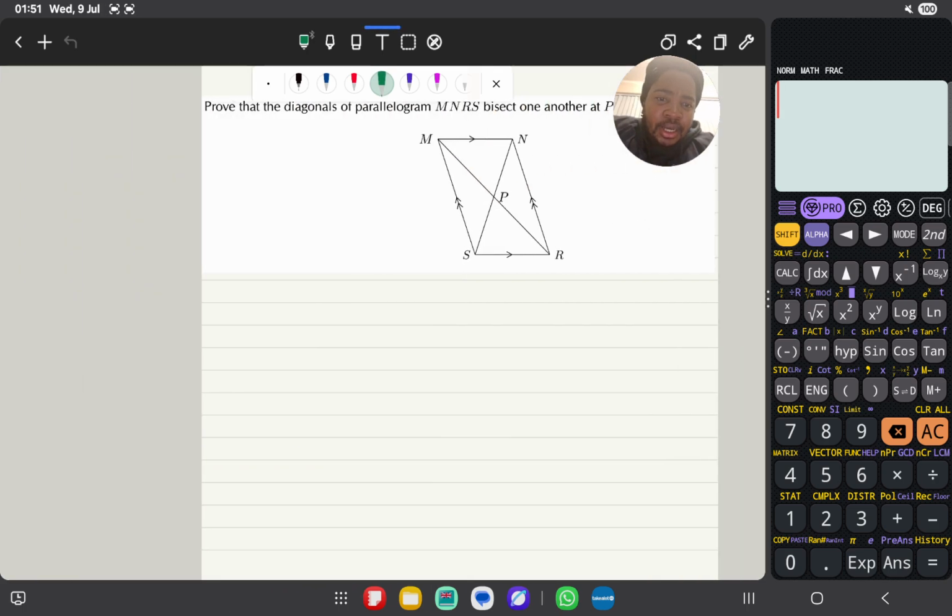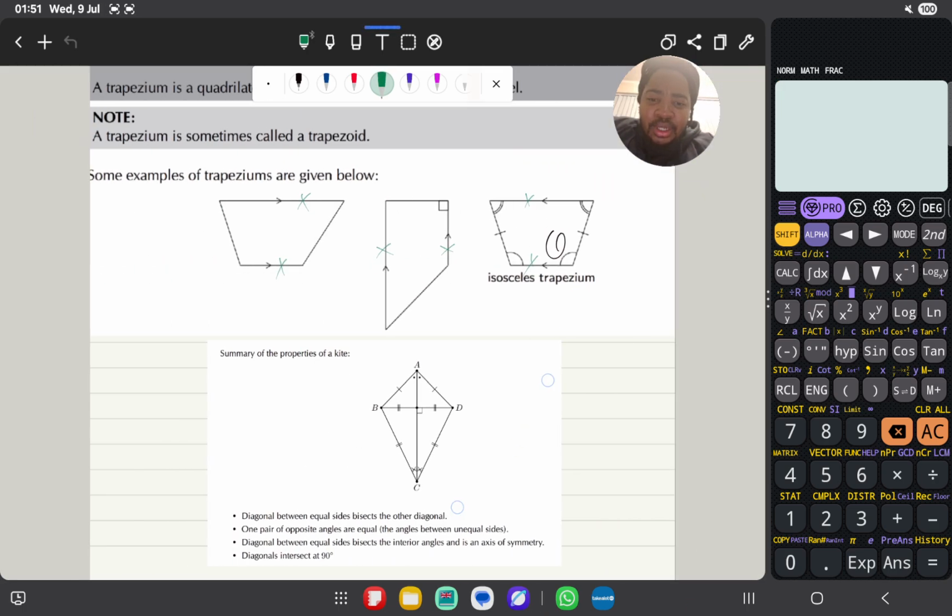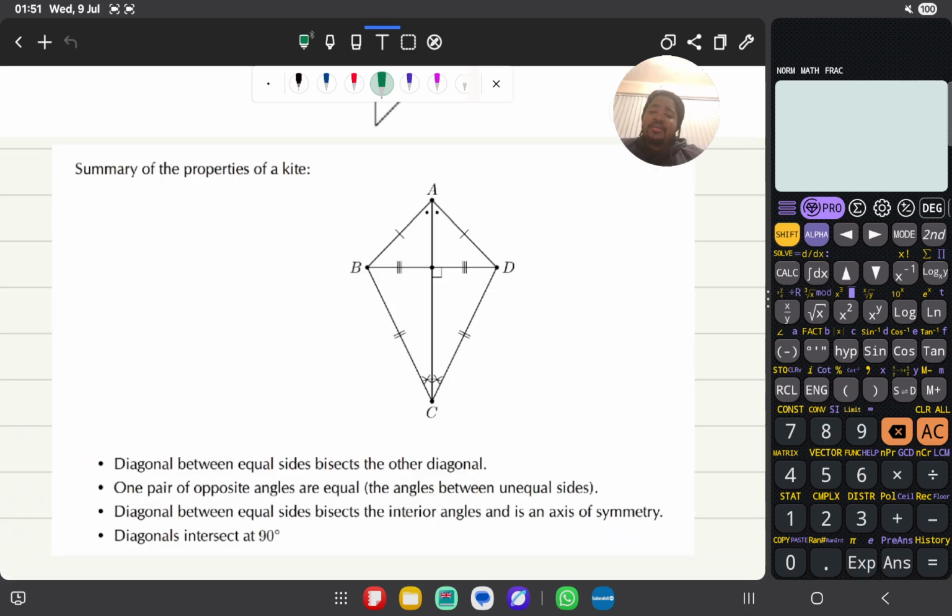Let me see, we talk about this one. This one itself is a kite. In a kite, the two adjacent sides are equal, and the other two adjacent sides are equal, right? And then the diagonals, of course, bisect each other.